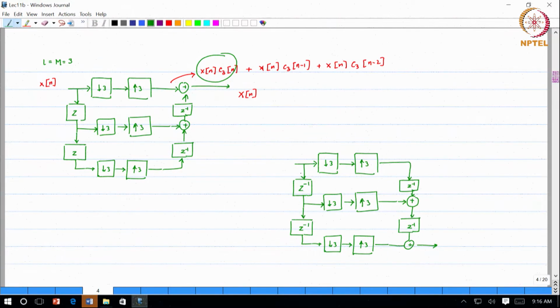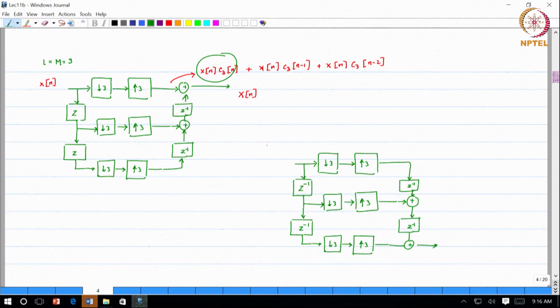Now, go through the second branch. Second branch effectively had one advance operator and one delay operator, but now has got 2 delay elements. Okay. So, if you look at it carefully and then analyze, you will find that this one also turns out to be that you have to do it systematically.